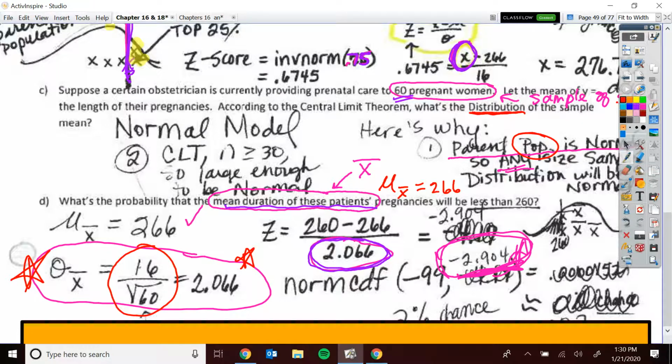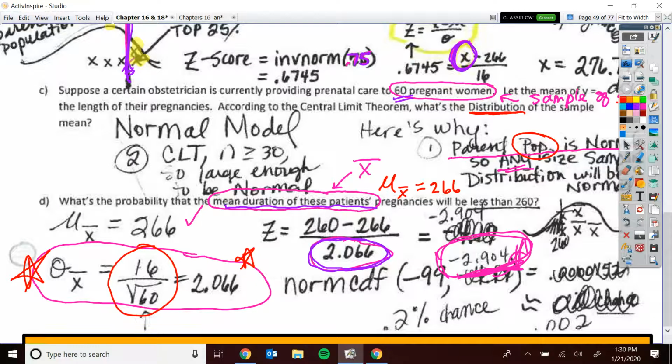Okay, and so that's what makes this problem different mathematically, is that the center is still 266, but the standard deviation is not 16 anymore. Standard deviation is now 2.06 or 2.07 because it's 16 divided by the square root of 60. So that's how you get your answer, and it's about a 2.2% chance. Okay.